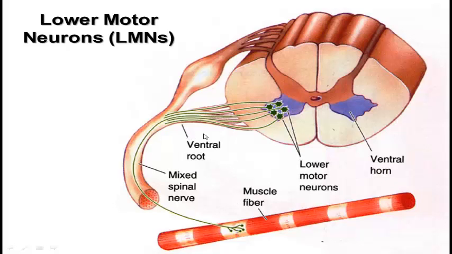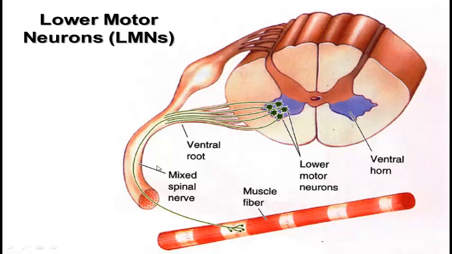So if we have any lesion or any injury at these levels, it's called a lower motor neuron lesion. For example, there is a famous infection called poliomyelitis, where the virus attacks the anterior horn cells. It is a type of lower motor neuron lesion.